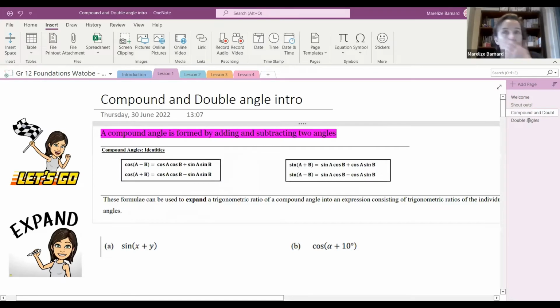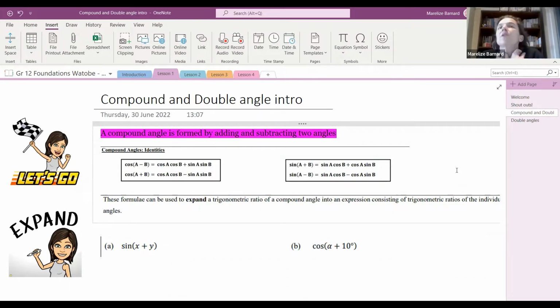Okay, so speaking of recordings, earlier this term, in the second term, we did quite a long course on trigonometry and trigonometry foundations. So we covered everything to do with the CAST diagram, all stations to Cape Town, basics of reduction, special angles, equations, all of that stuff we did.